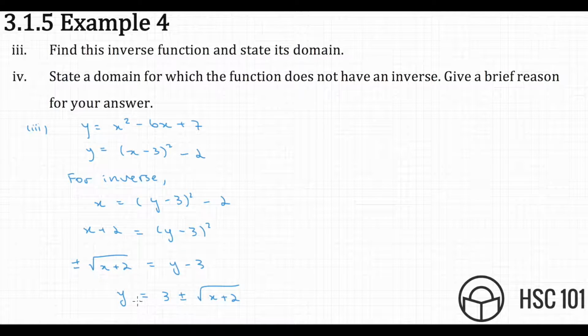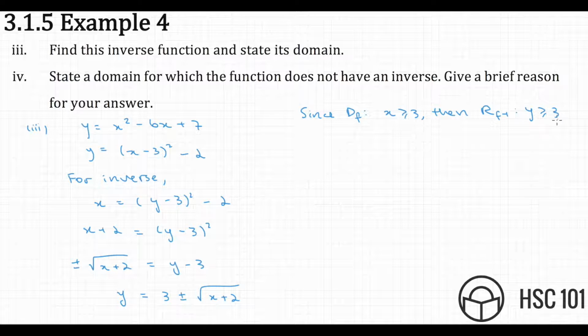So we need to decide which branch we need to take. In part 2, we know that since the domain of the function is restricted to x larger than or equal to 3, the range of the inverse is therefore y greater than or equal to 3.